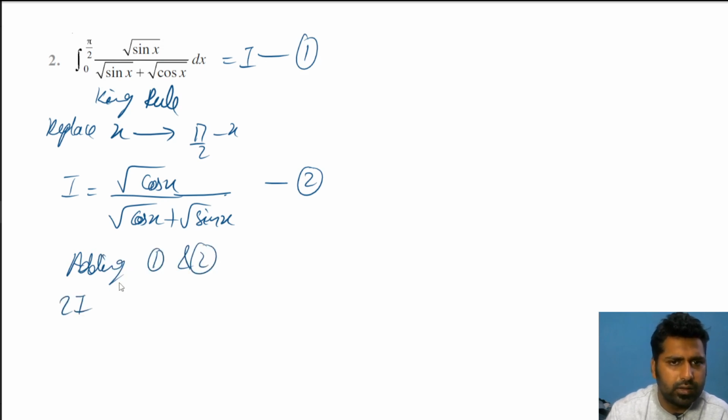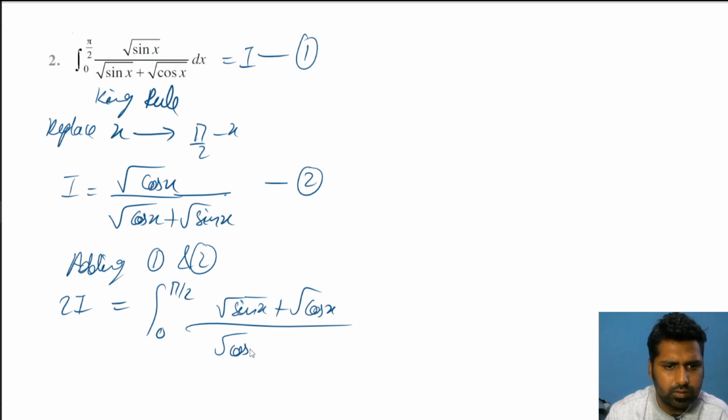What do we get? I added with I, so 2I, integration 0 to pi by 2. Both the denominators are the same, so all you have to do is add the numerators. So root sine x plus root cos x upon root sine x plus root cos x dx.